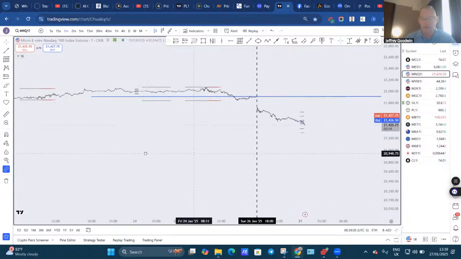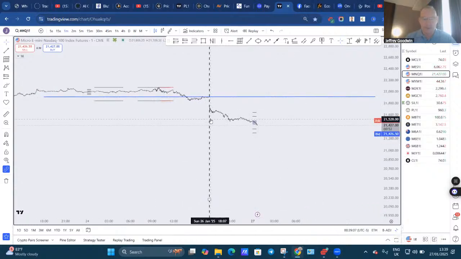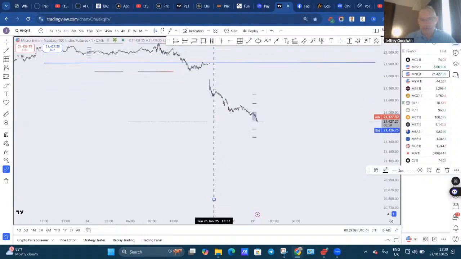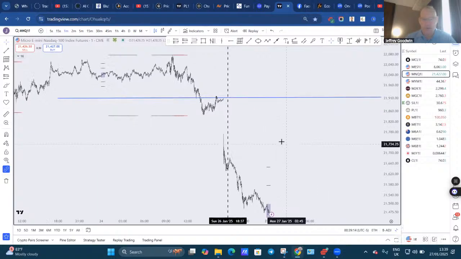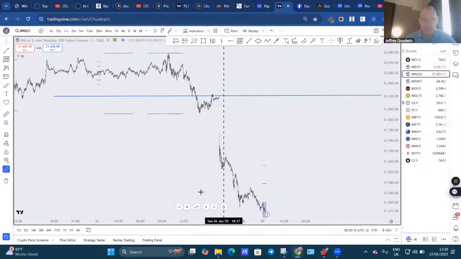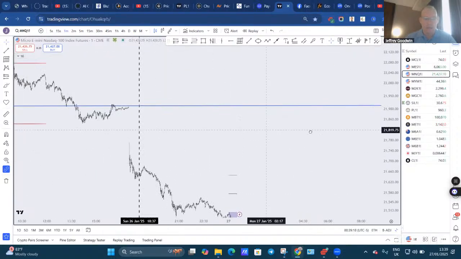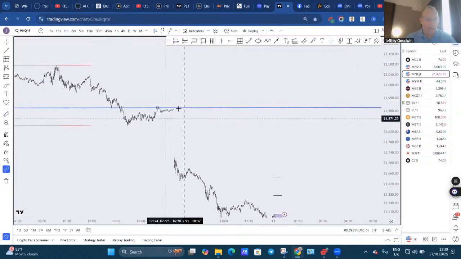Just going to find the gap. It's the gap there. What I'm going to do inside here is draw a fib, after I measure from there to there.